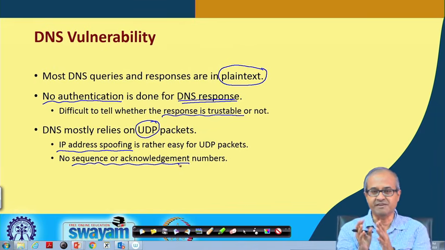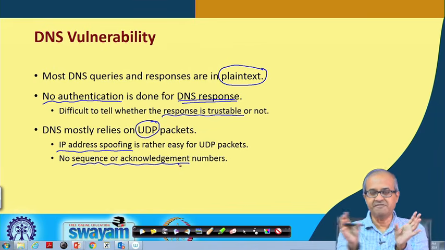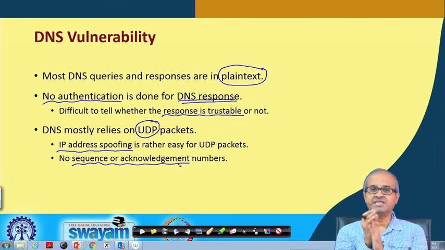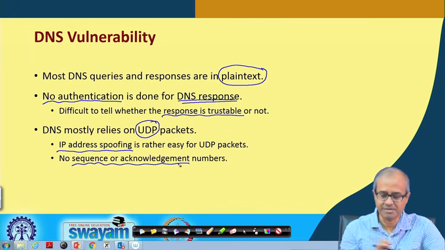In TCP, it is difficult, because all successive packets of a message are assigned successive sequence numbers. So, just by looking at the sequence numbers, you can know whether things are proceeding in the correct order or not. Okay. But in UDP, you cannot do that.